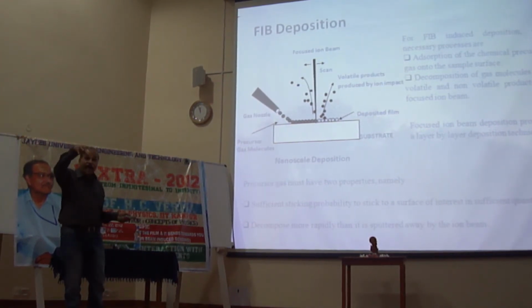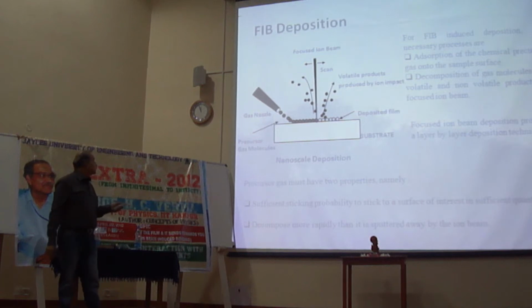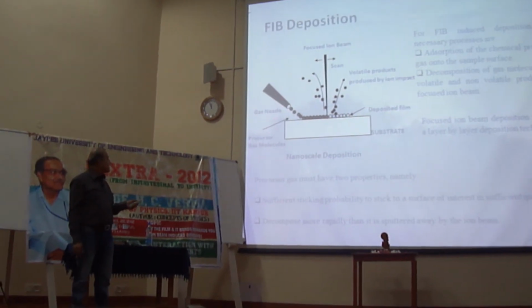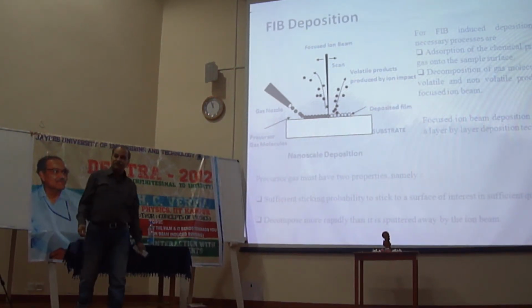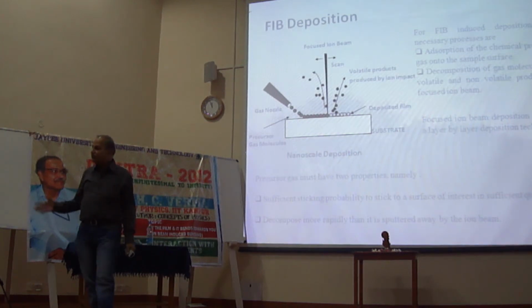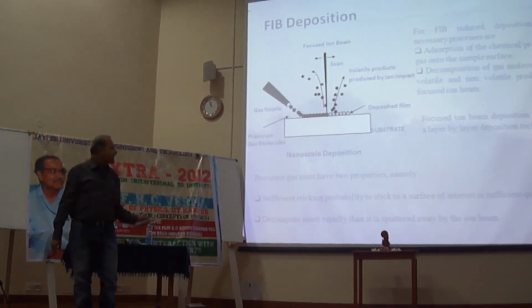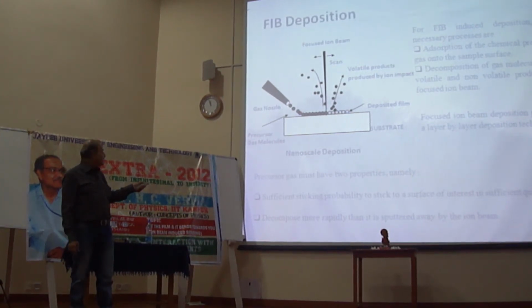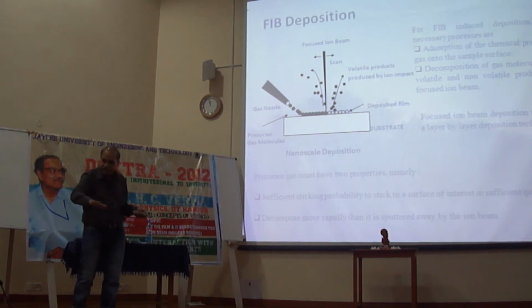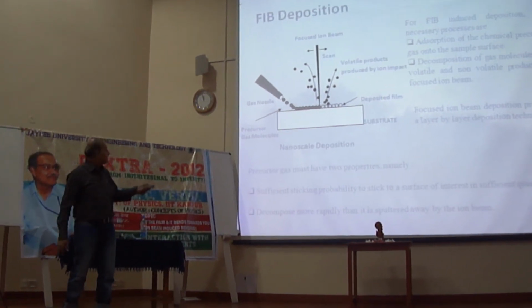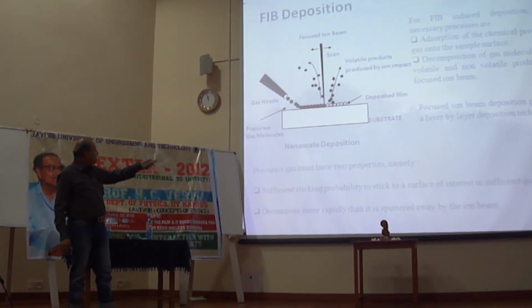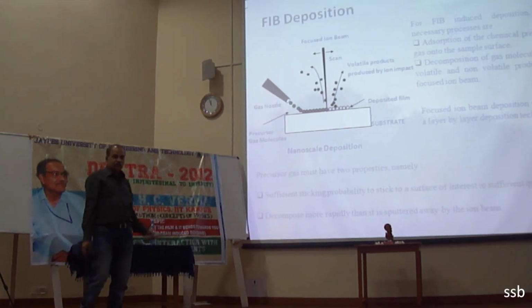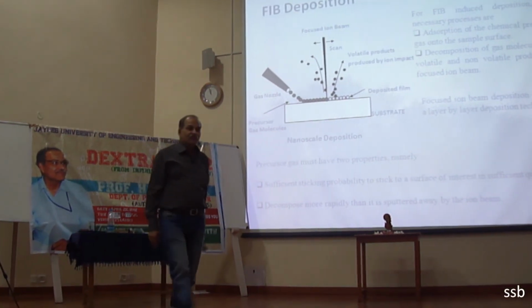Yeah, next. And this is how I put the material, how I add material. If you have to add some material, we have facility for adding platinum, tungsten, and carbon. Some kind of gas containing that material, an organometallic gas, is injected and flown over this substrate, and then this beam is sent from the top. The beam does 2 things.